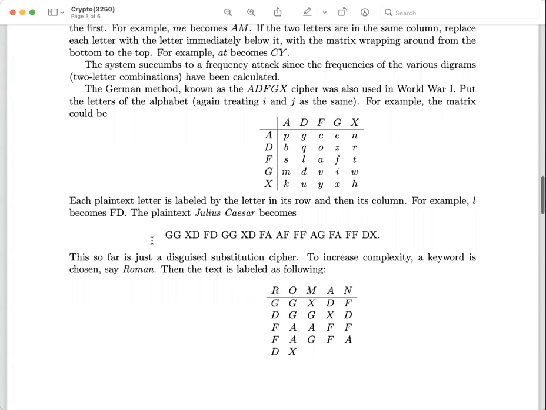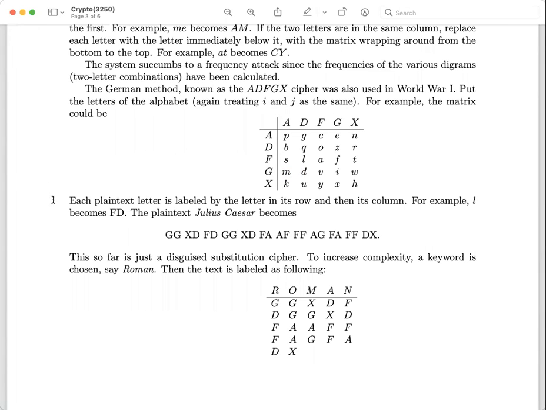Let's say you wanted to send the same code, meet at the schoolhouse. You would take this letter M here in this column, and you would change it into a GA.